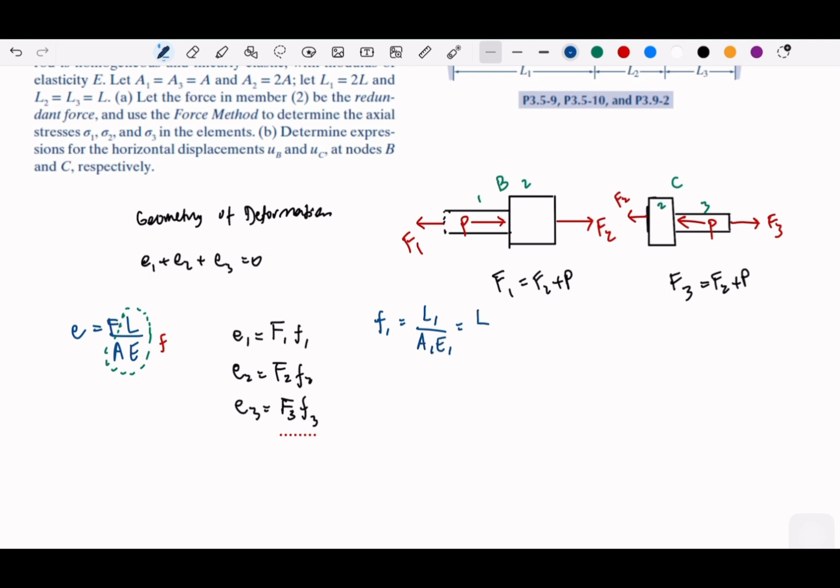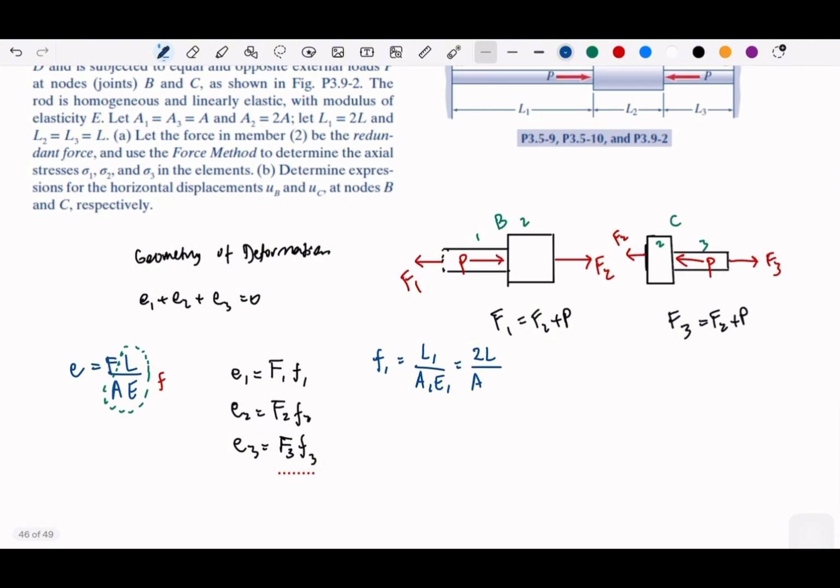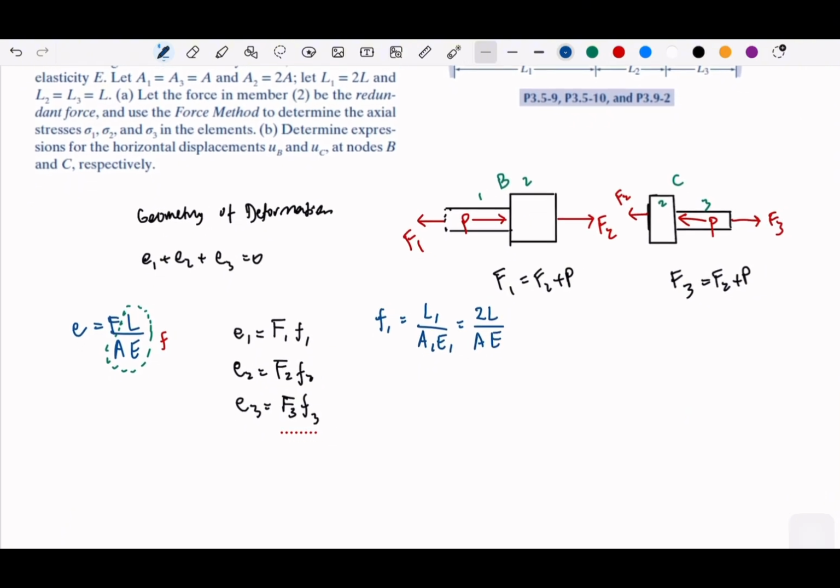L1 is 2L, sorry, A, and all the same E. Okay, we have everything correct.